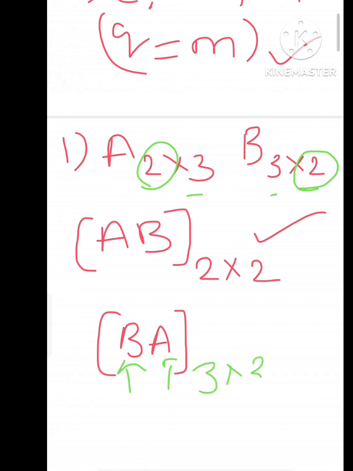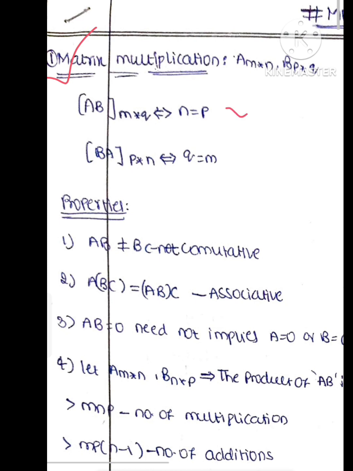So A into B multiplication is possible, and B into A multiplication is also possible. These are the two conditions for checking whether matrix multiplication of A and B is possible or not.